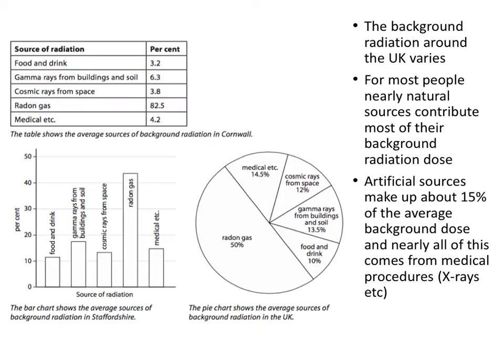People that work in medicine or the radioactive industry, like nuclear power stations, will have a greater contribution from man-made or human activity. Artificial sources make up only about 15% of the average background daily dose. Nearly all of that comes from medical procedures.